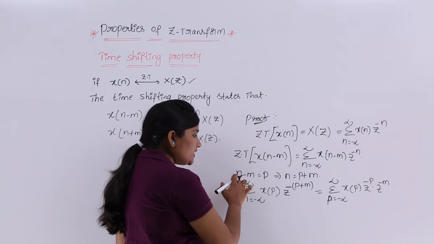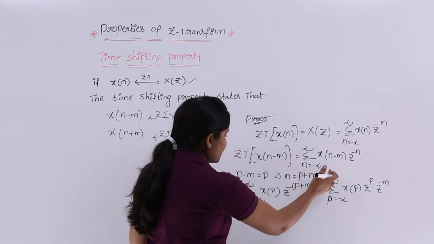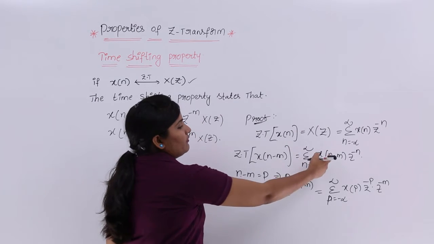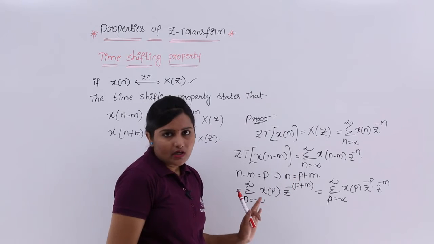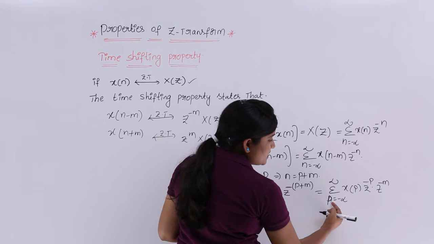When n equals plus infinity, the p value must be plus infinity. So p goes from minus infinity to plus infinity. I am changing my limits when I change n minus m as p and n as p plus m. Now the summation is with respect to p.